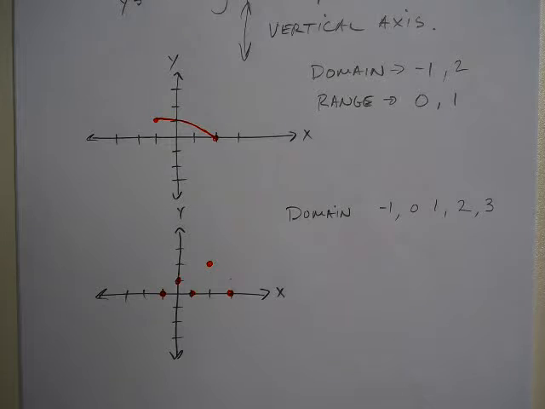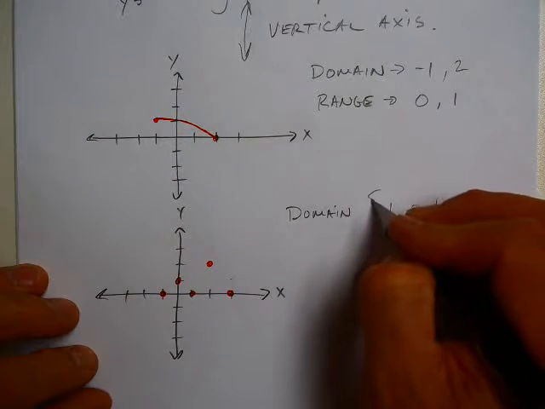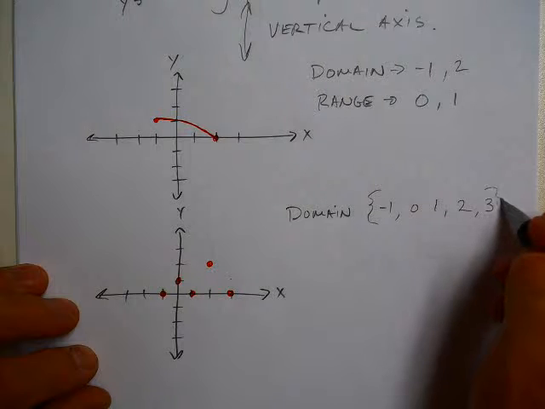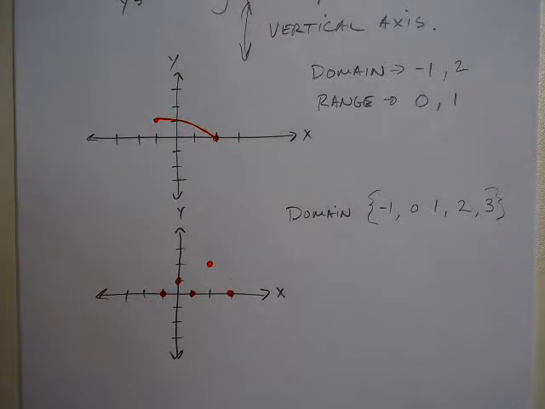Now, this one I am going to give you some notation on. We use braces to indicate that these are individual values. So the domain is just -1, 0, 1, 2, and 3.